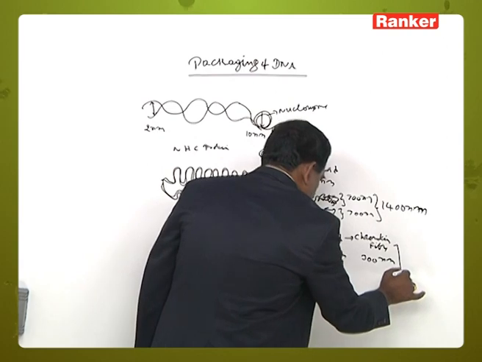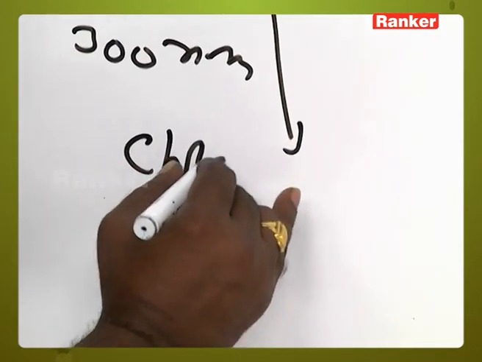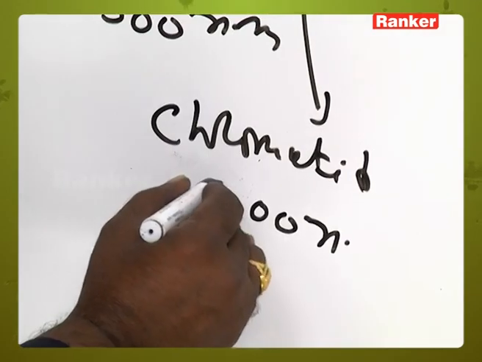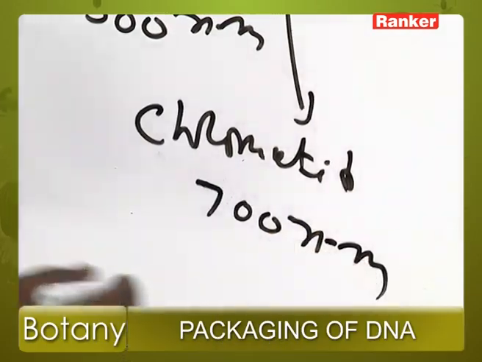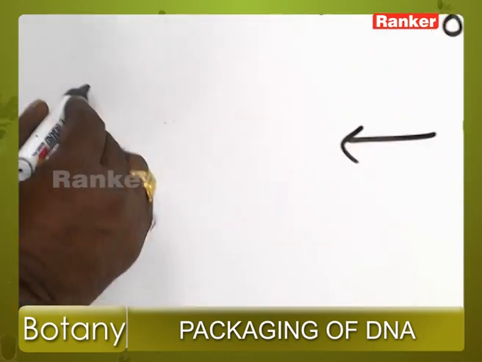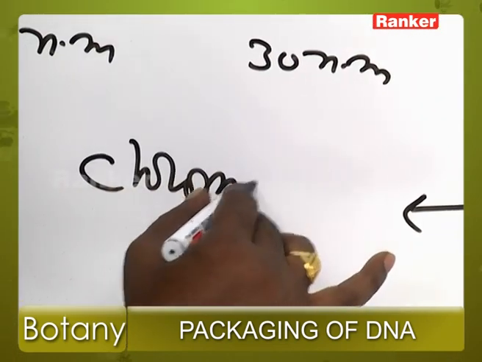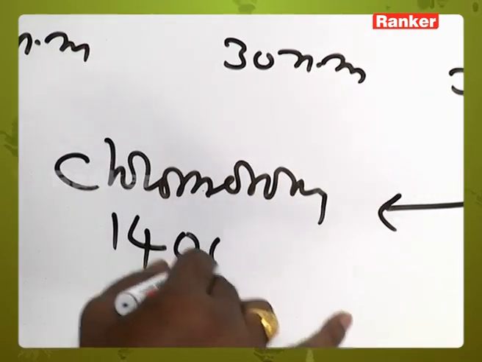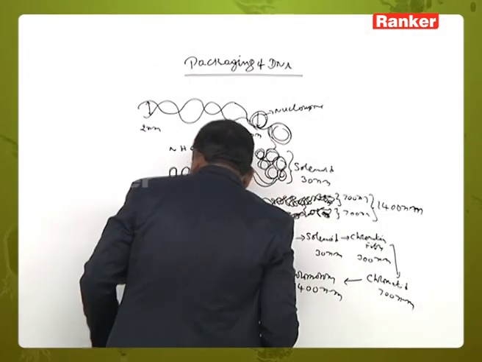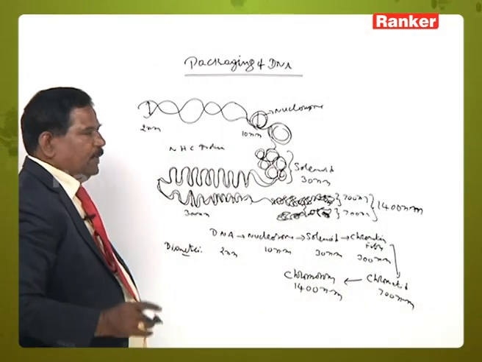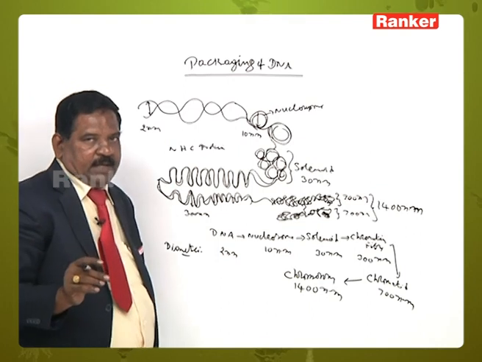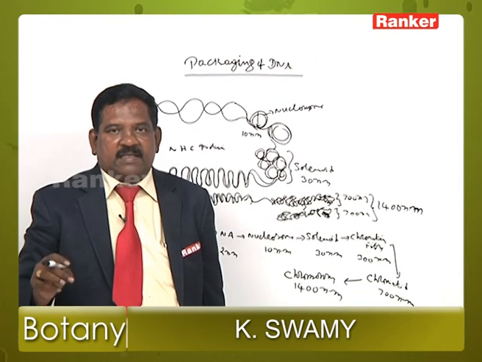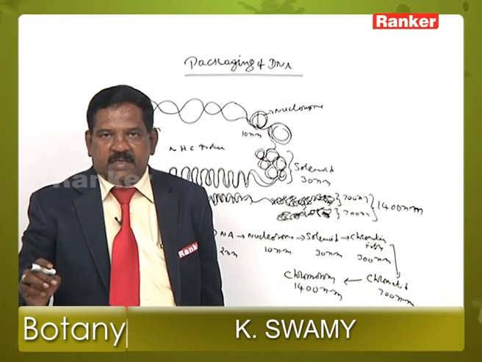Now, it produces the chromatid. Diameter is 700 nanometers. 2 chromatids produce a chromosome (1400 nanometer diameter). 2-meter length DNA is adjusted in human beings in 46 chromosomes, and the diameter of each chromosome is generally 1400 nanometers.